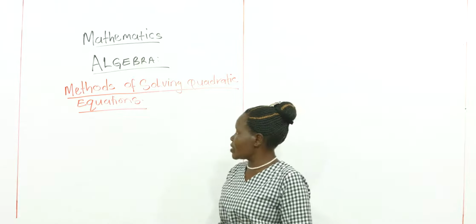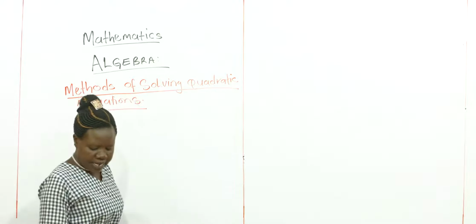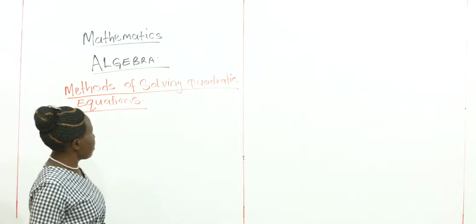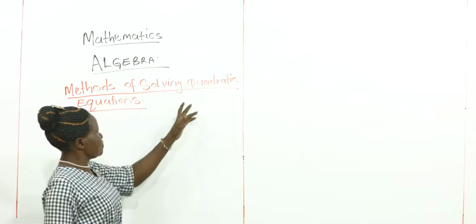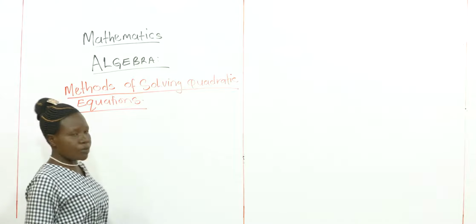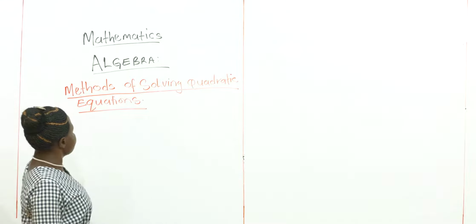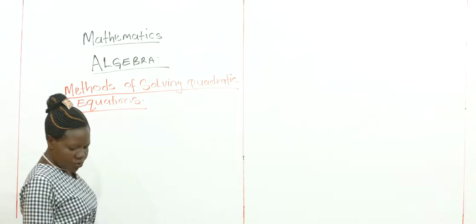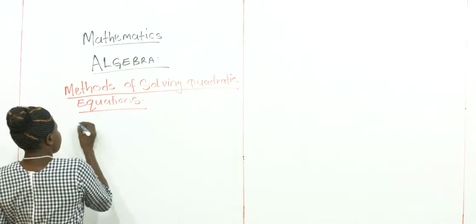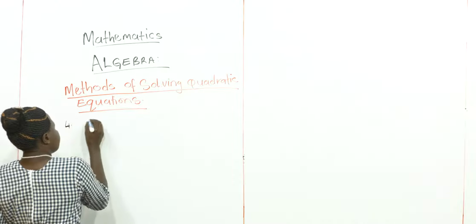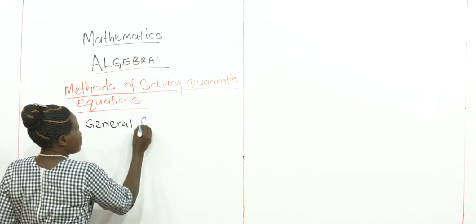Remember in our introduction, we said there are about four main methods of solving quadratic equations, and we have so far looked at two, and now we are moving to the fourth one, which is the general formula.